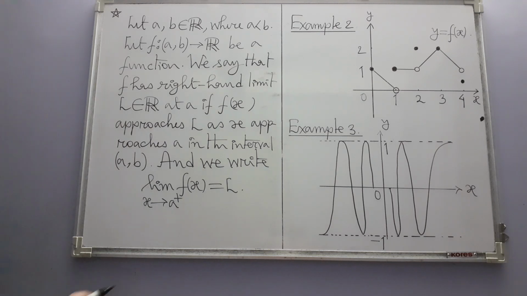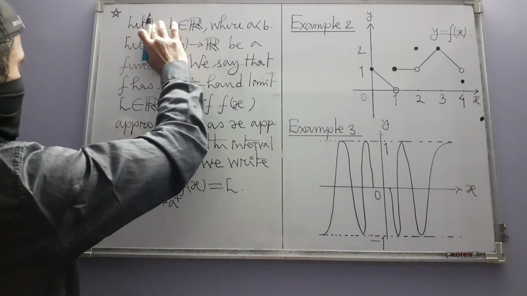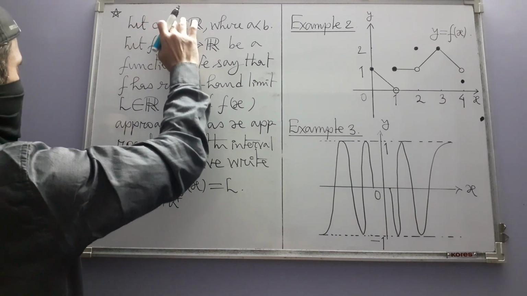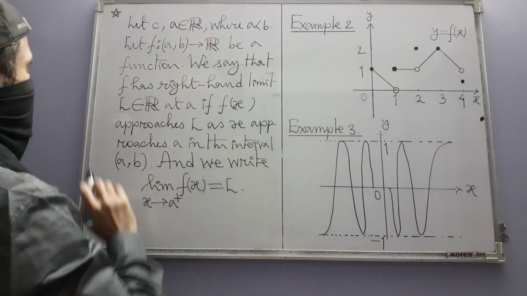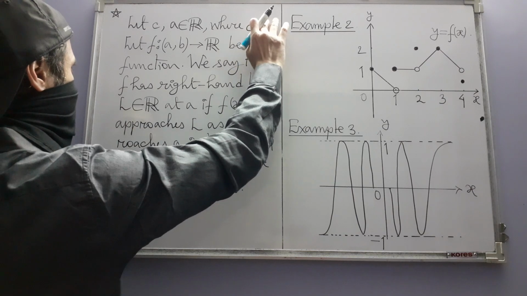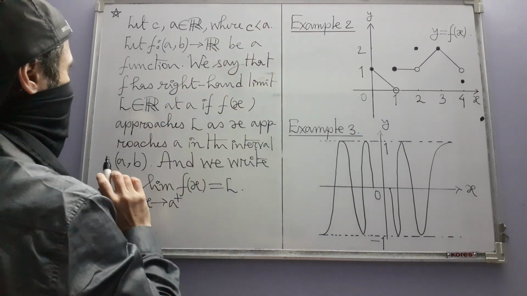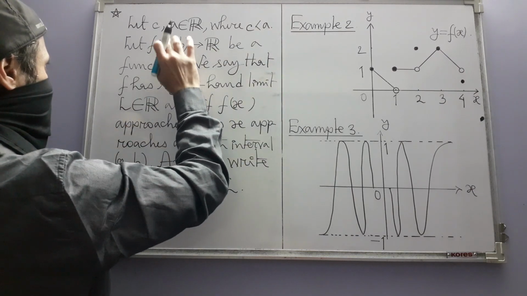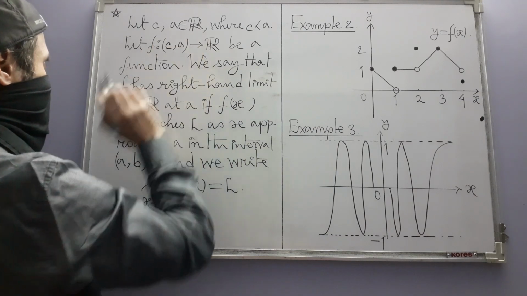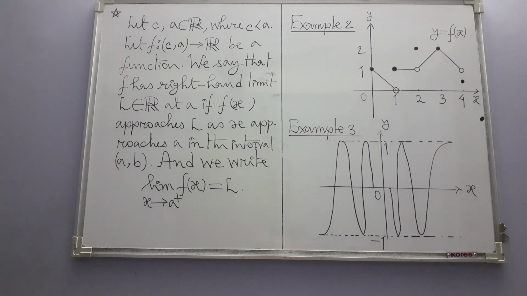To have the similar one for left hand limit, you just make small changes. You take c and a, where c is less than a, and instead of considering (a, b), you now consider (c, a), let this be a function.